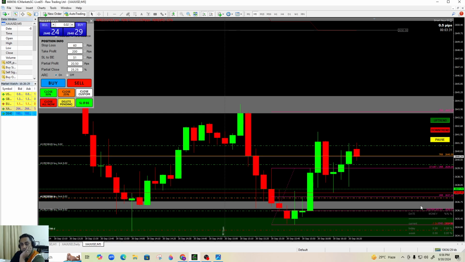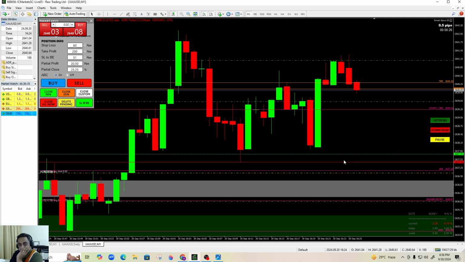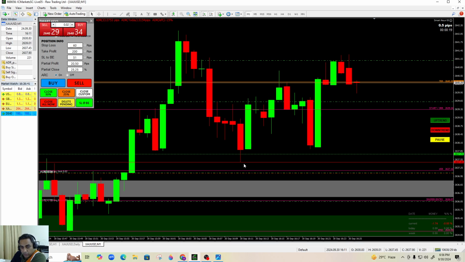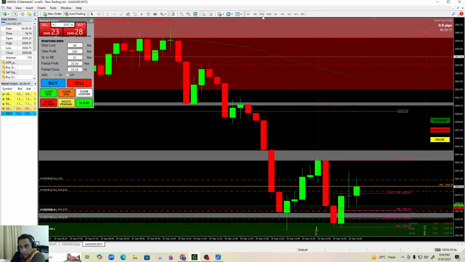Let's see if we tap that demand zone. That's a stop loss. In terms of managing risk, if price breaks this M15 candle low, 37.92, then I'm going to close, because then price is coming down.